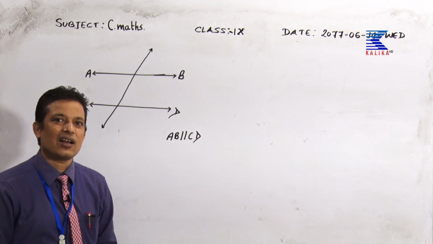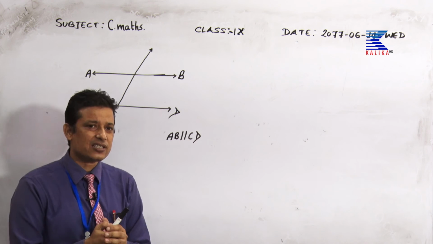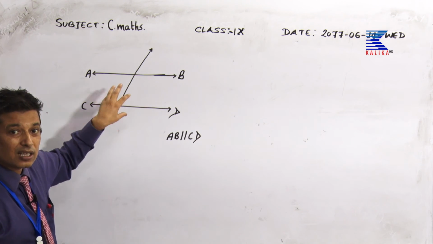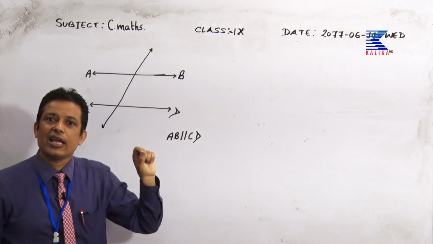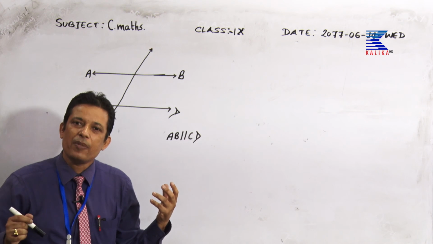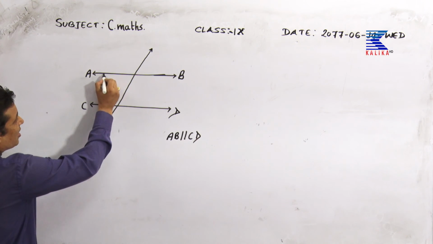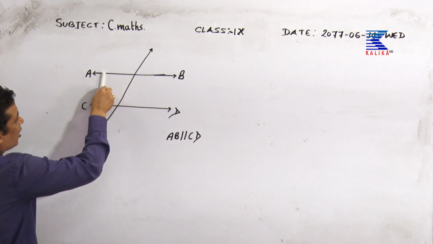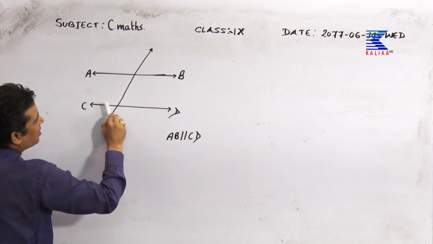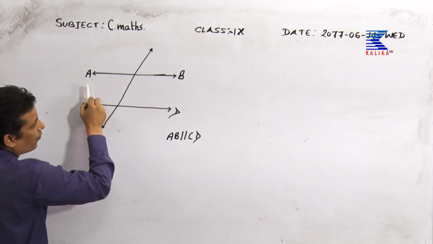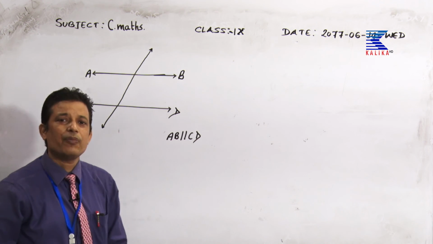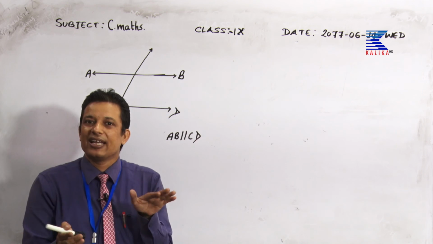And the next property of parallel lines, which you focused on in standard 8: if you draw a perpendicular between these two lines AB and CD, the length of the perpendicular, the distance between AB and CD, from wherever you take, should come the same. If you take the distance of AC from here, the distance of BD from here, wherever you want to find the distance between them, it comes the same.